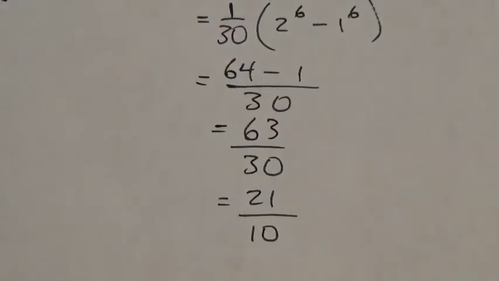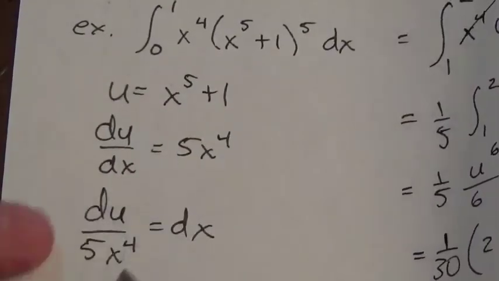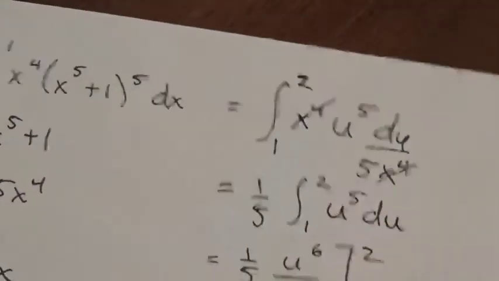So, anyway, the idea behind substitution, again, is when you can see a composition of functions there, you're going to replace that inside function with the letter u, and then, once you've established that relationship, you take the derivative of that so that you can replace the differential in the integral here.